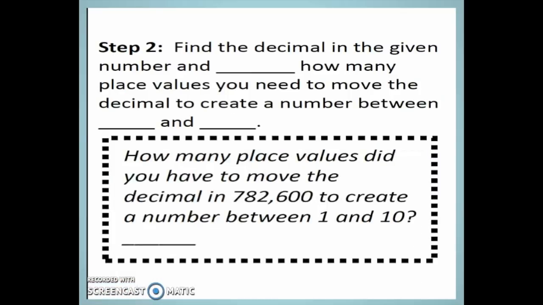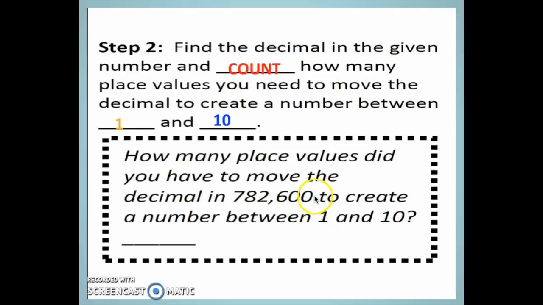Step 2. We're going to find the decimal in the given number and count how many place values you need to move the decimal to create a number between 1 and 10. Once again, once we start practicing, you would see how easy, breezy this would be. How many place values did you have to move the decimal in 782,600 to create a number between 1 and 10?